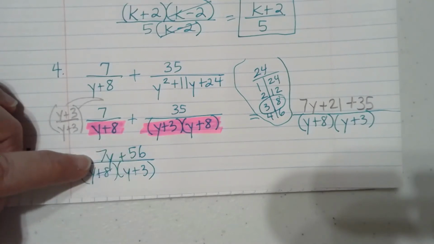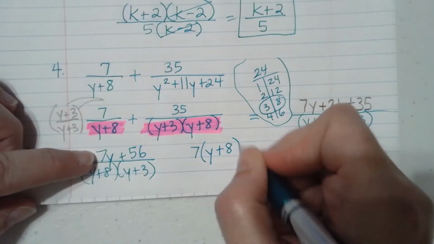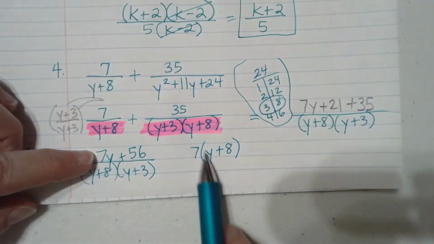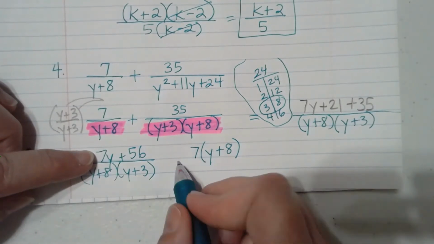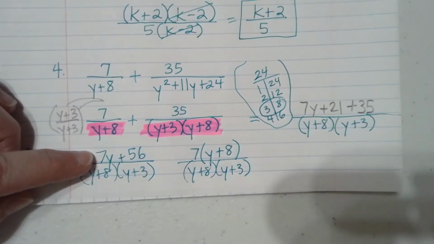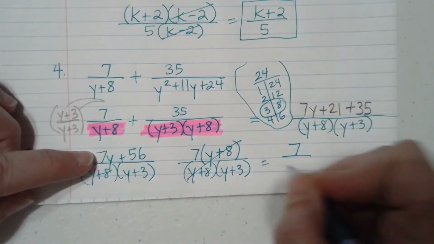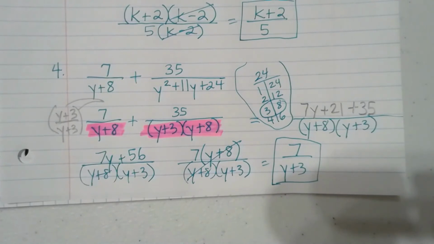Does 7 go into 56? It sure does. How many times? 8 times. So 7 times parenthesis y plus 8, bringing out the 7. And then I have y plus 8 and y plus 3 on the denominator. And these are going to go away and leave us with 7 over y plus 3. Boom.